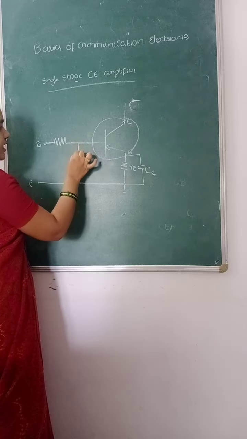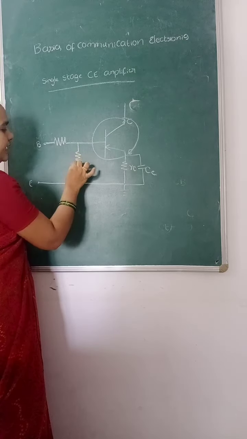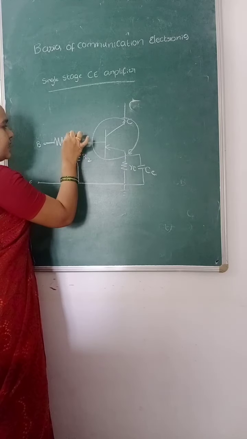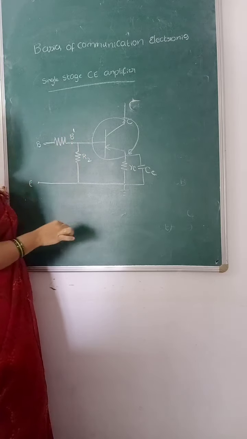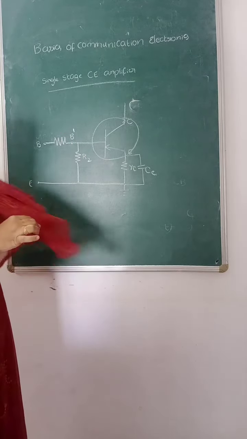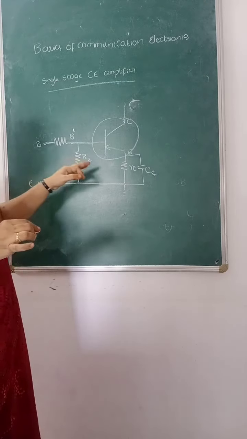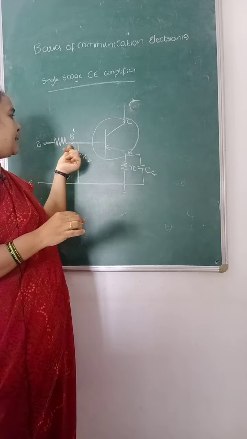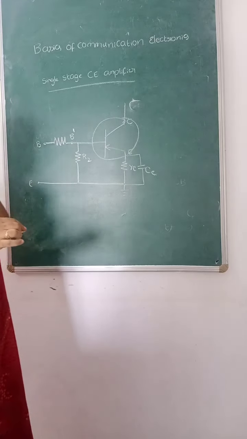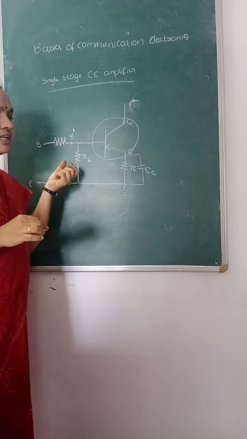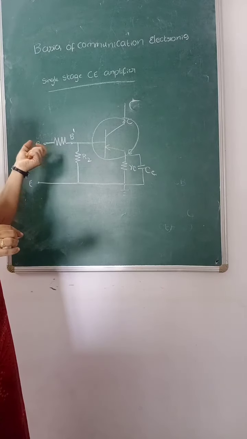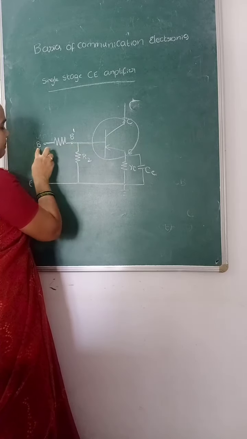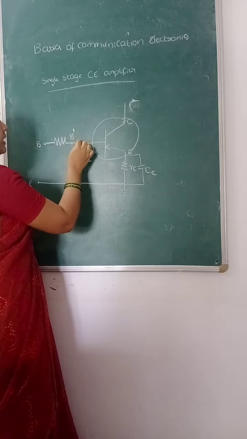Here we include a resistance R2. Let us suppose this is the internal base terminal, B dash. We only know the terminals emitter, base, and collector. This B dash is the internal base, which has a very low value, and R2 is connected between the base and the emitter.